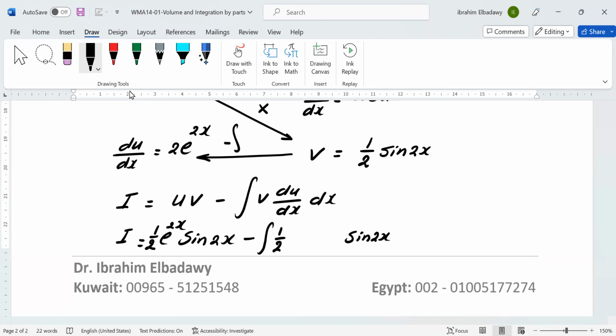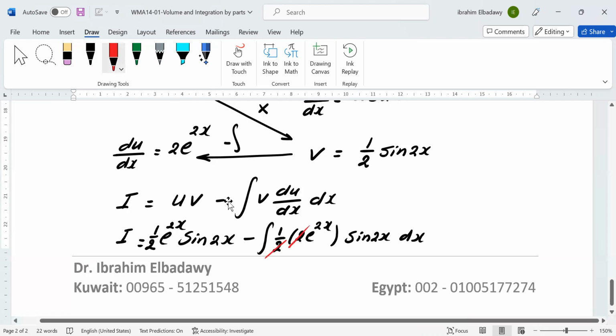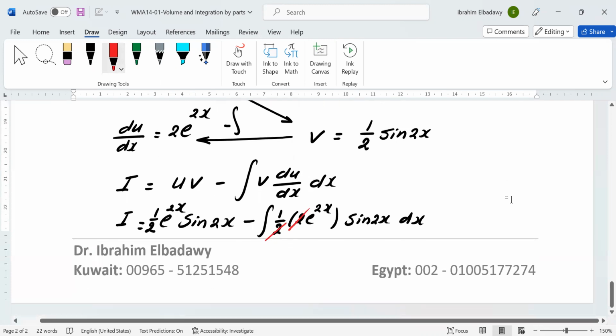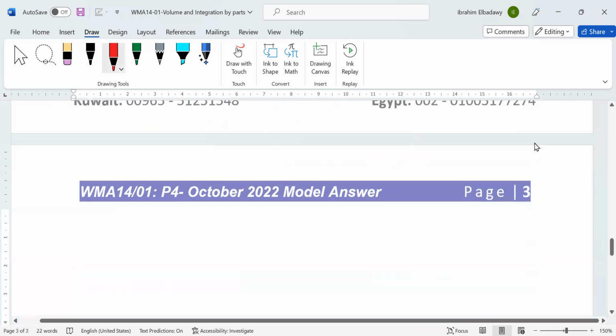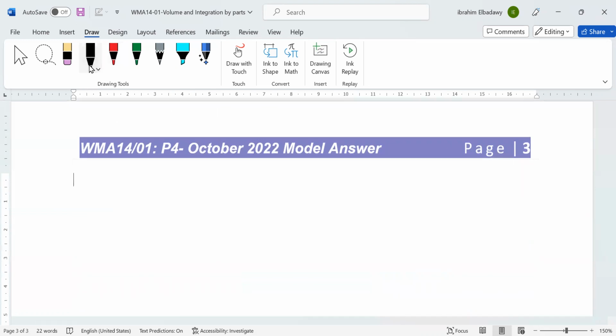Du by dx is 2 e power 2x, and you have to write dx at the end. Here the 2 can be cancelled with the half, so it will be the integral of e power 2x sine 2x.